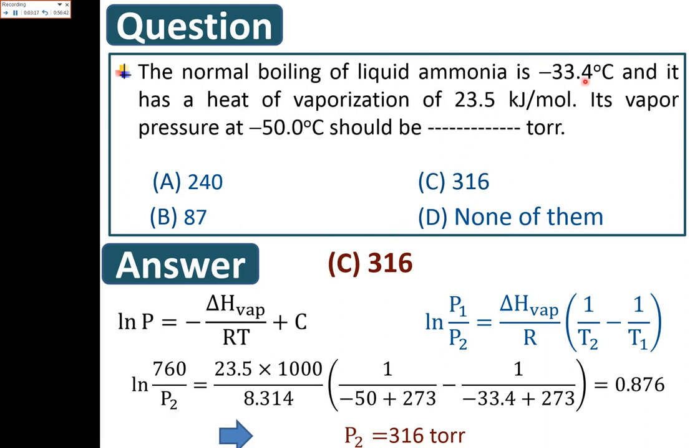As you can see, this is the vapor pressure of ammonia at minus 50, and this is definitely lower than 760, because the temperature decreased. So this is one of the elements that indicate that your answer is correct.